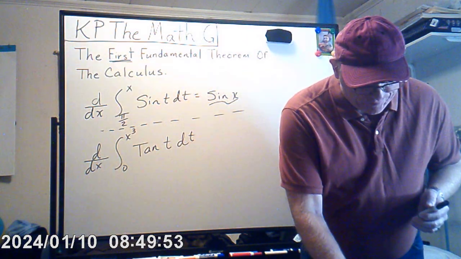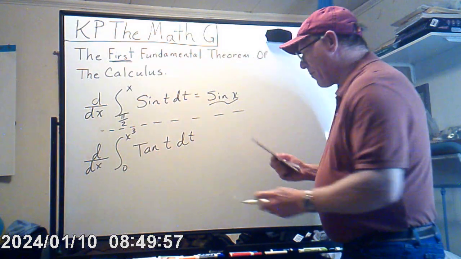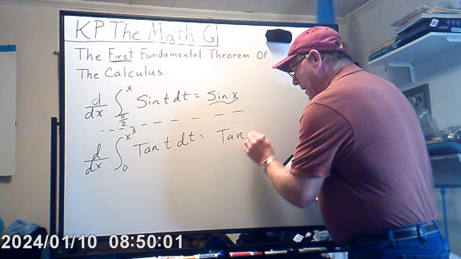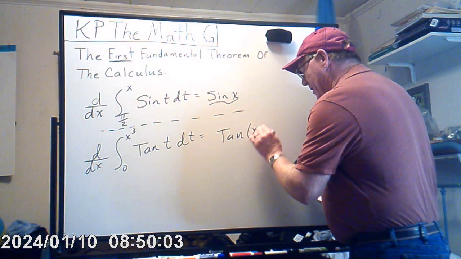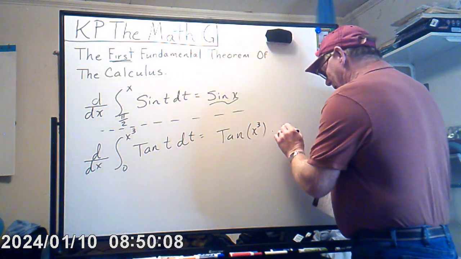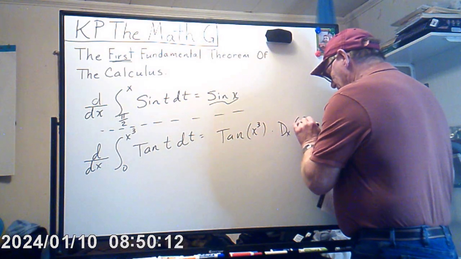So this is our problem, and again it's just tangent. Now we have to take the derivative of x cubed.